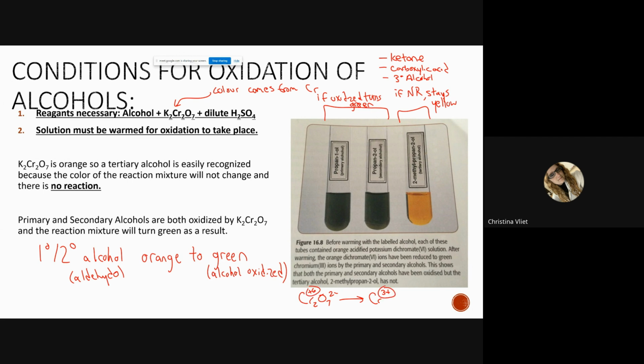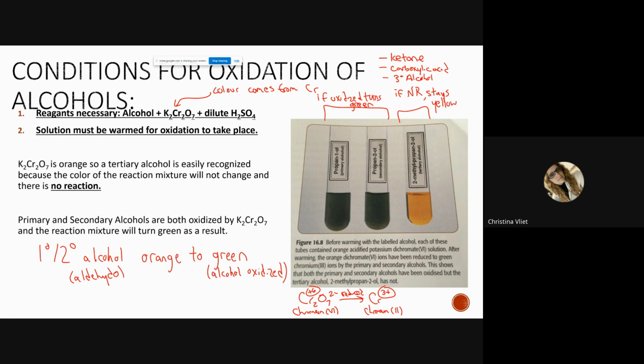What's happening to the chromium? It's being reduced. Because if something is oxidized, something else has to be reduced. So in this reaction, the chromium is being reduced and the alcohol is being oxidized.